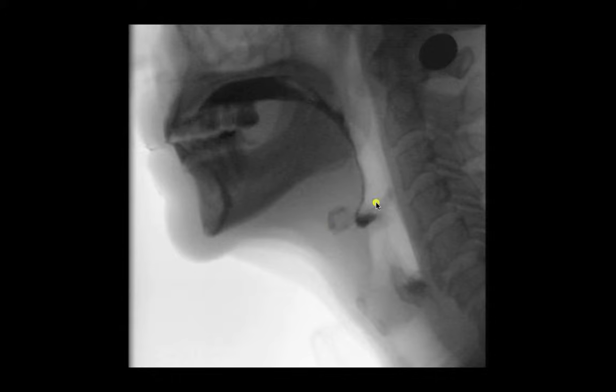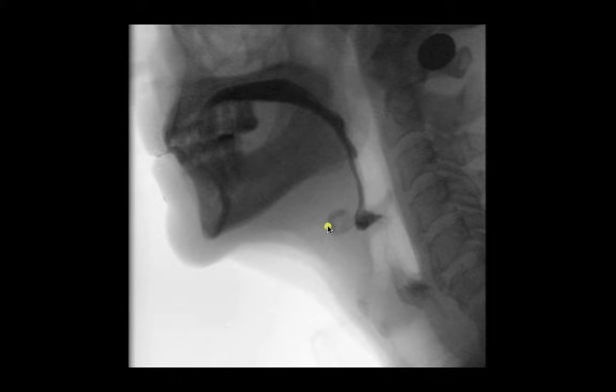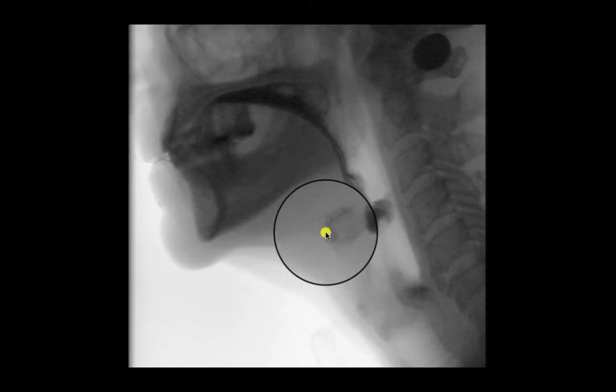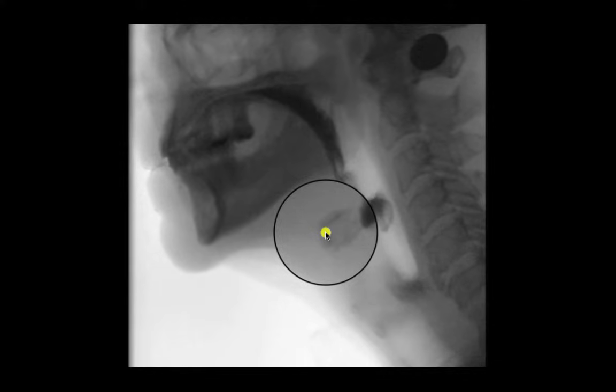Not moved yet. Head of the bolus is here. It's actually looking like it's moving down a little bit, and you'll see that sometimes, but it has not moved forward. And if I was going to select when it moves forward, its first anterior movement, I'd pick right here. Right there. It goes beyond my cursor.